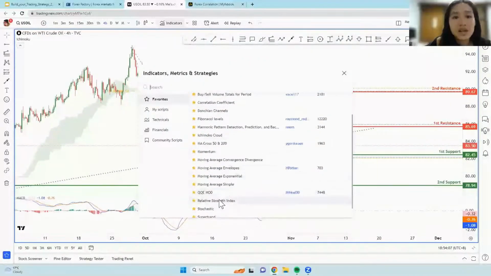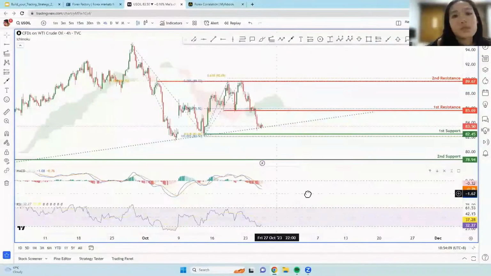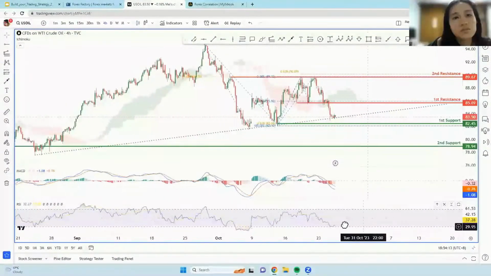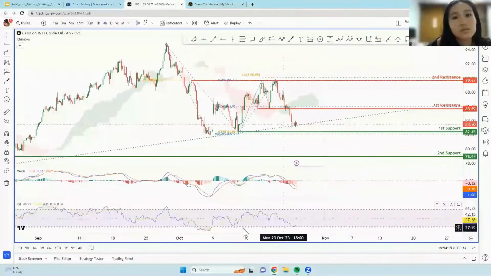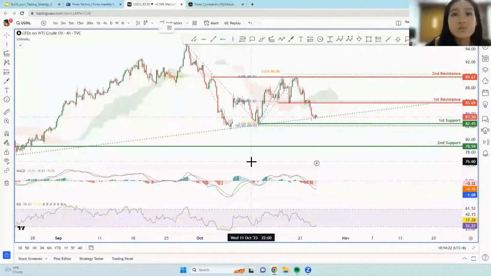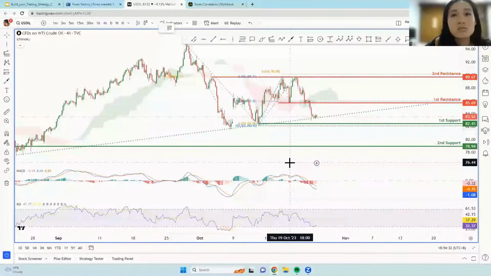Let's see RSI. RSI isn't really telling us much.